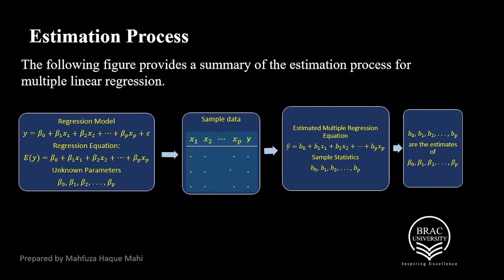Now we can calculate the values of the sample statistics b0, b1, b2, bp from our sample data, and we can fit our multiple regression equation. b0, b1, b2 and bp are the estimates of beta 0, beta 1, beta 2 and beta p.